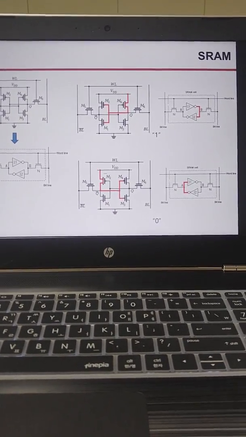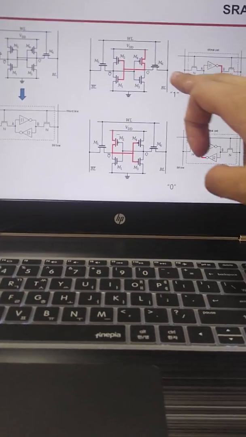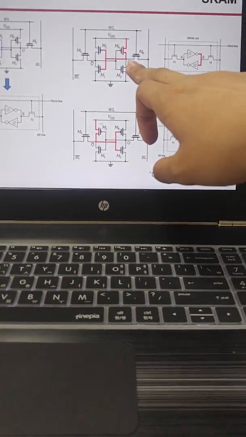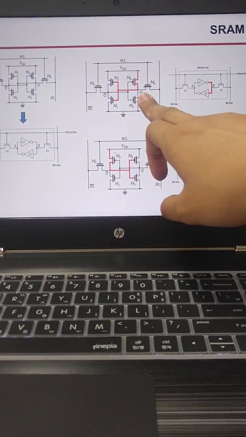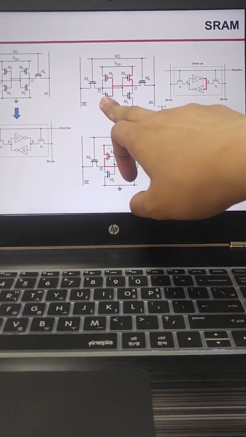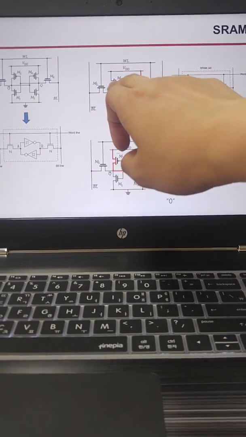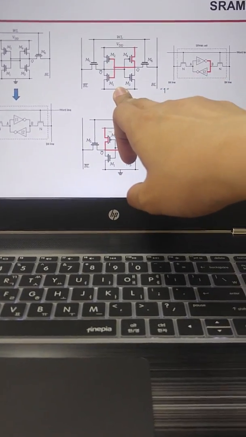On this page, I'm going to introduce SRAM's operation. If the Q point is charged high, the M1 transistor will be on and M2 will be off, because M2 is PMOS and M1 is an NMOS transistor.